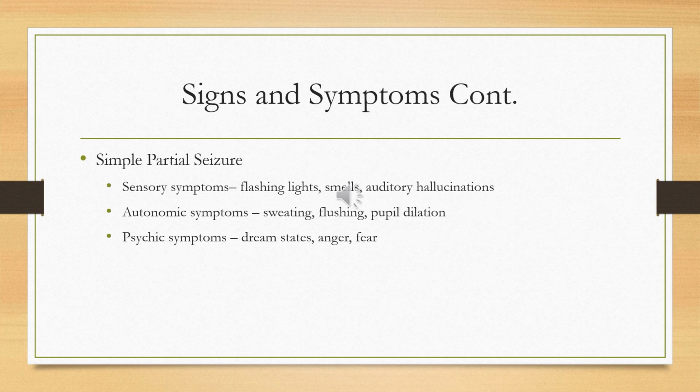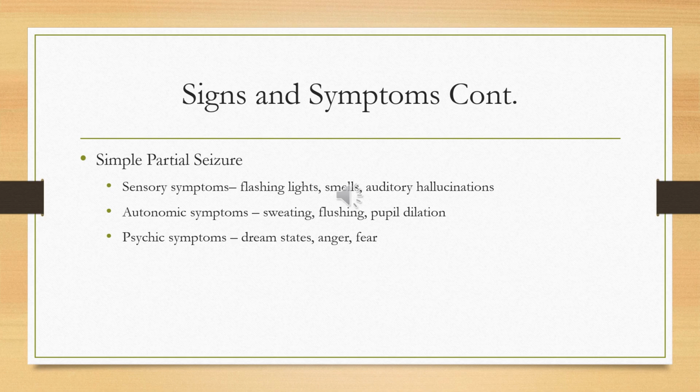Okay, so when we're talking about simple partial seizures, you'll have some sensory symptoms, some autonomic symptoms, and some psychic symptoms. With a simple partial seizure, you'll see maybe some flashing lights. Their smell might be affected, or they might start hearing things, so some auditory hallucinations.